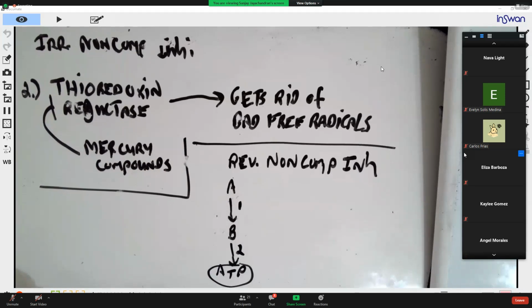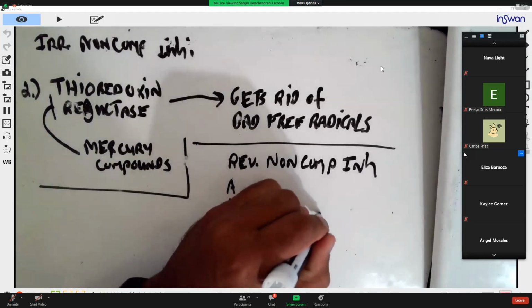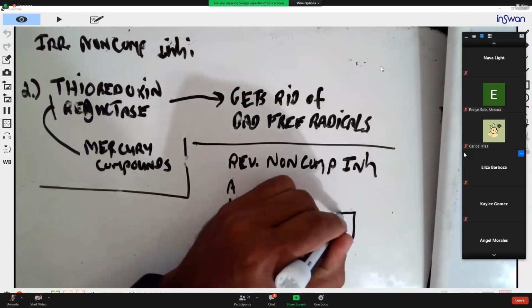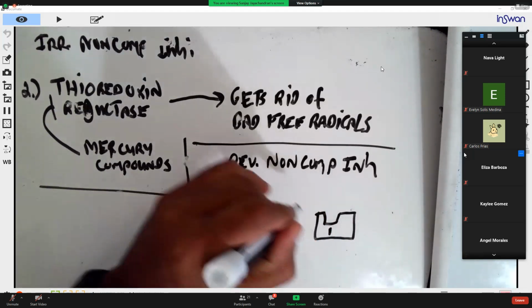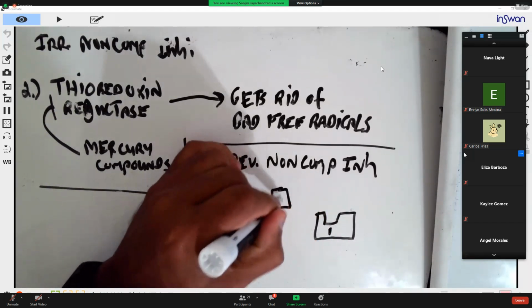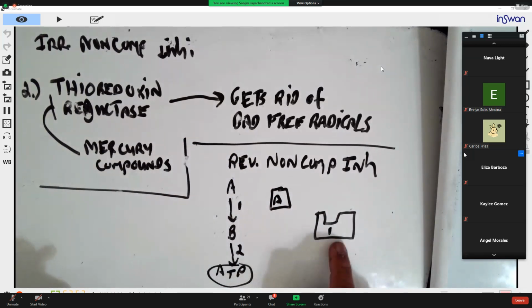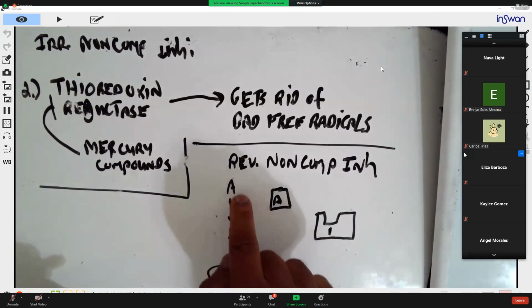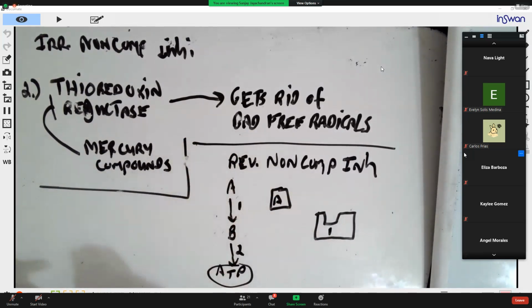Assume that. So here's enzyme 1. Here's A. A is the substrate, and enzyme 1 is going to convert A to B. Sometimes in the body, we build up too much ATP. Okay? And when we have too much ATP, that's a problem.